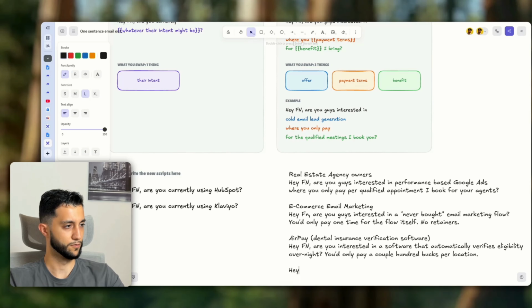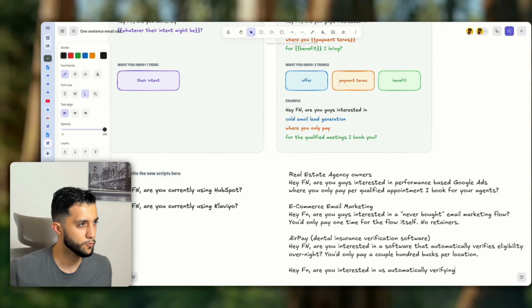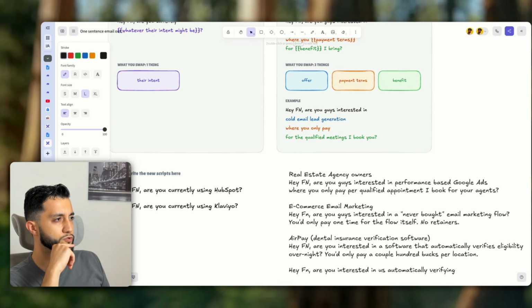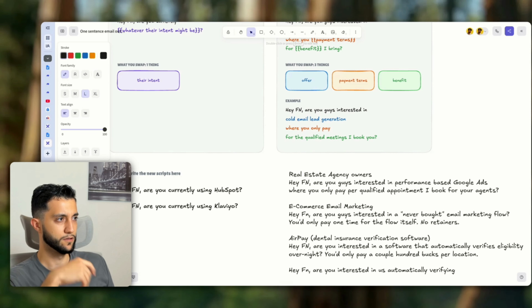It's just an example. So, hey, first name, are you interested in us automatically verifying? This is completely horrible. Let me think about this. We could say, are you guys interested in automated insurance verification where you only pay a couple $100 for the software we built? That's if you just literally fill in the blanks.